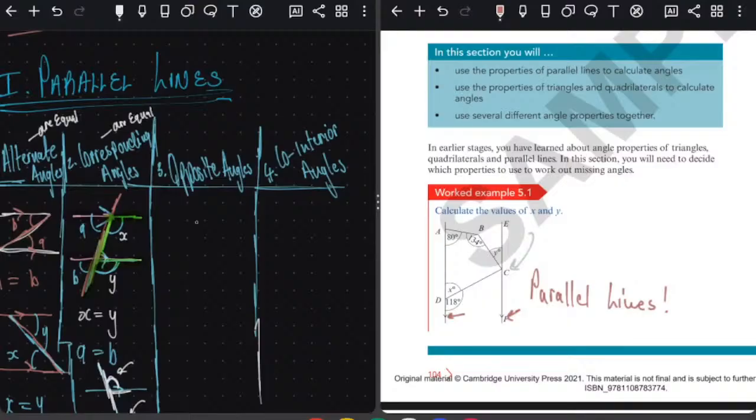Then you go to now opposite angles. Even if the parallel lines are like this, it doesn't matter. When we now say we have opposite angles, this is not really on parallel lines. It's something you will use.